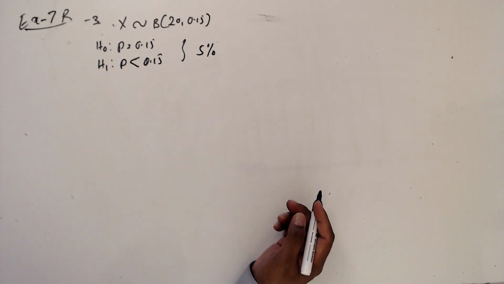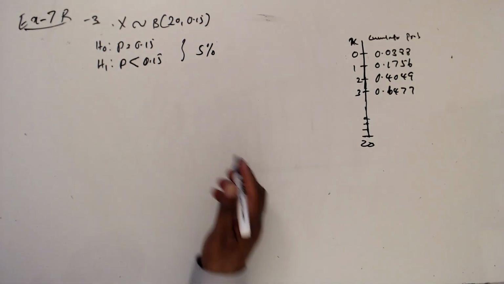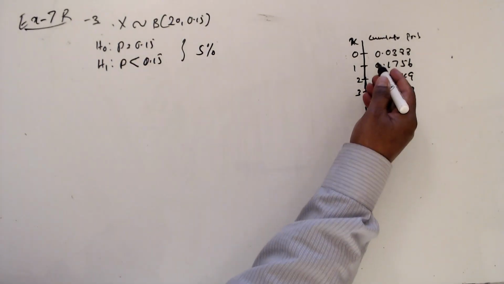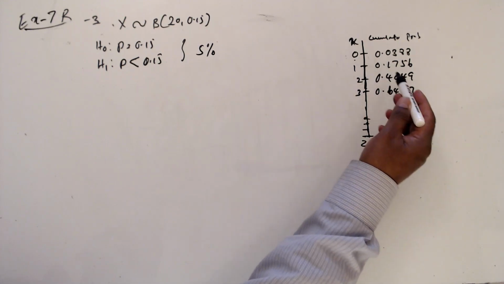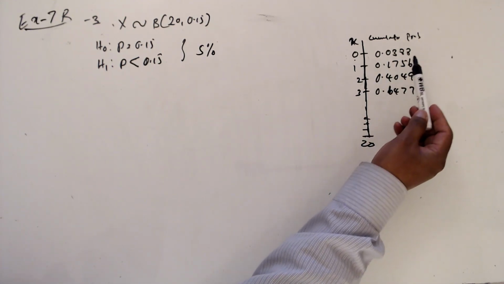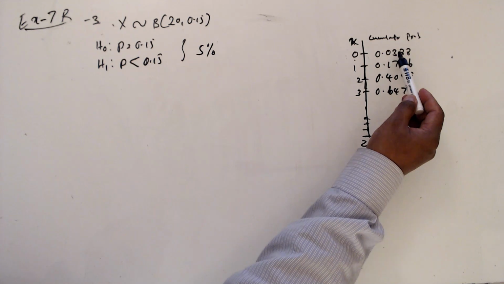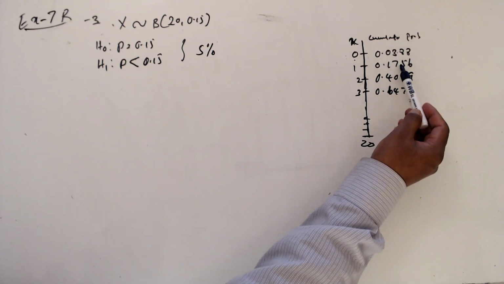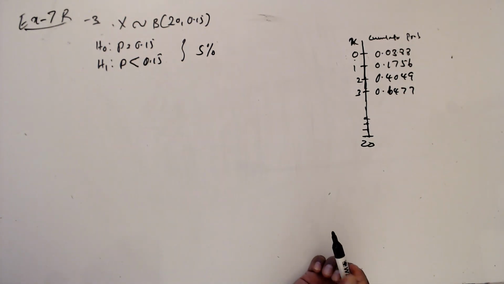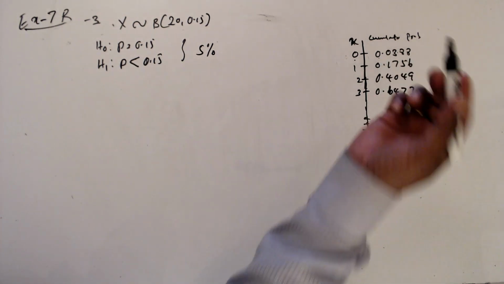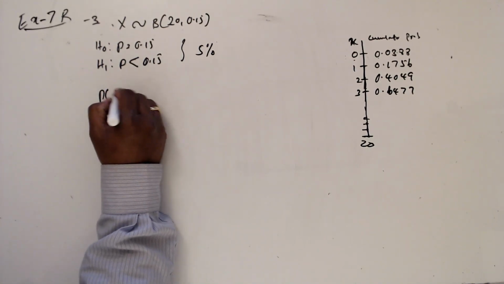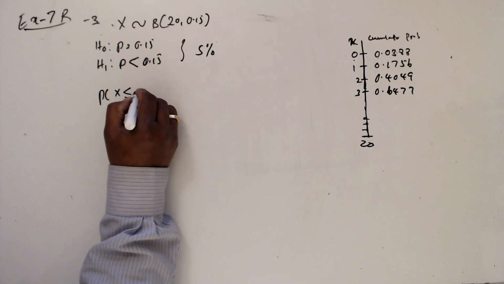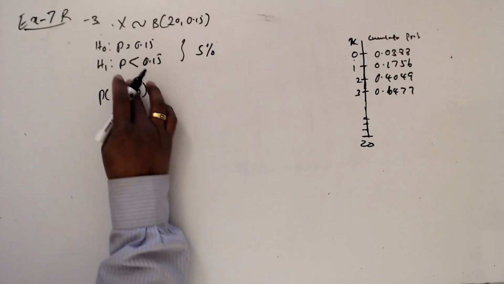So we need to find the critical region. When I look at the cumulative table, you can see 0 and 1. This is 3%, and this is going to be 17%. The only answer is this one. We have to write probability of x less than or equal to 0, but there is no meaning in less than for that.